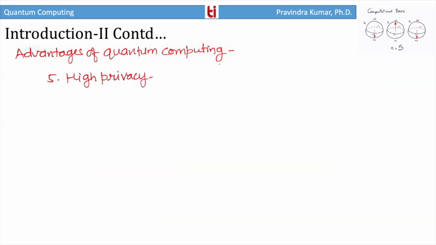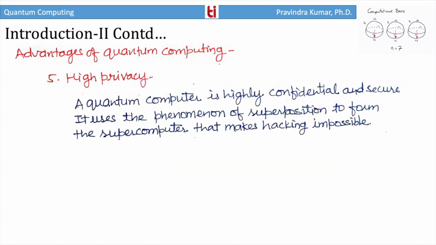A quantum computer is highly confidential and secure. It uses the phenomenon of superposition to form the supercomputer that makes hacking impossible. They are also ideal for storing and managing passwords and cryptographic keys without fear of being hacked or intercepted by hackers.